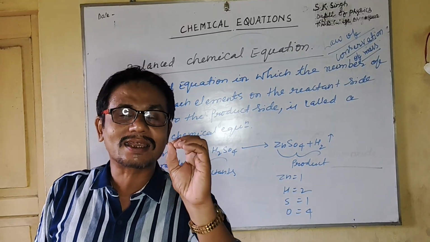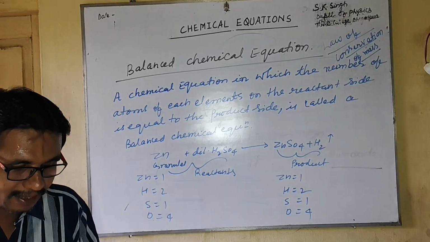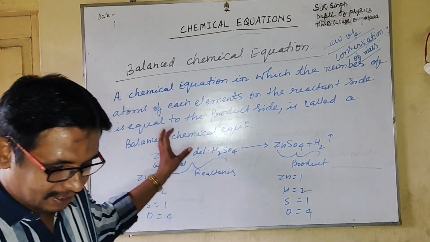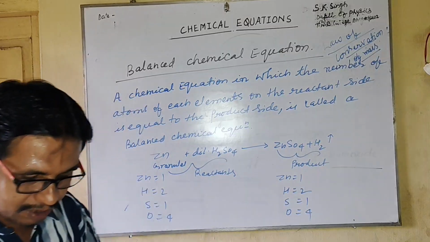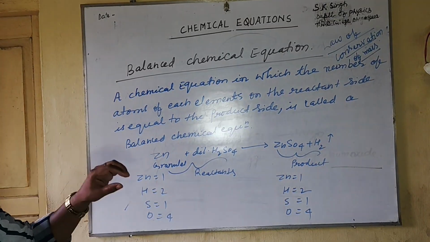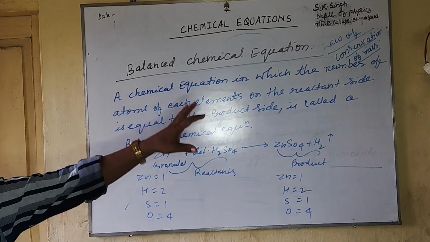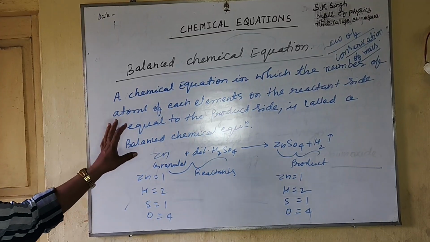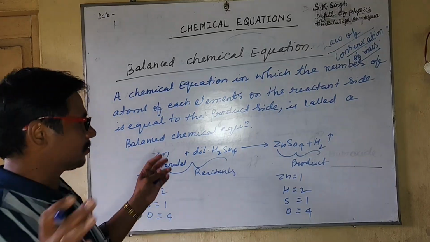It means the total mass of the reactant side is always equal to the product side. So the number of atoms of each element on the product side must be equal to the number of atoms on the reactant side. That is why the equation should be balanced.